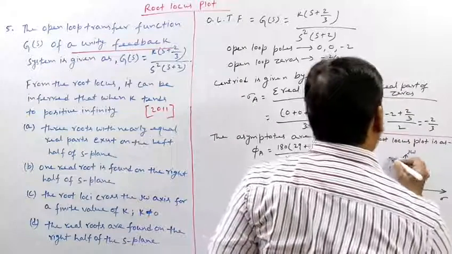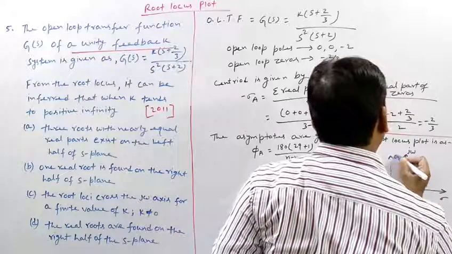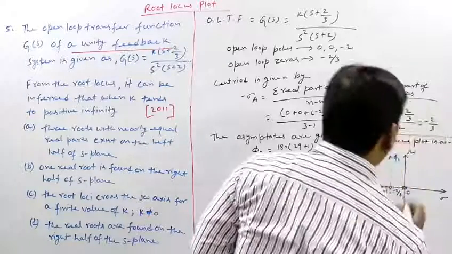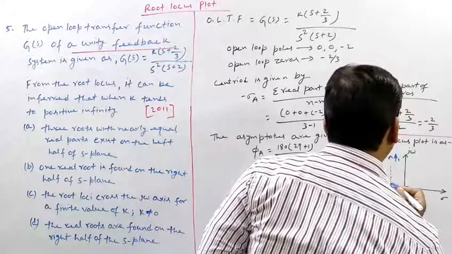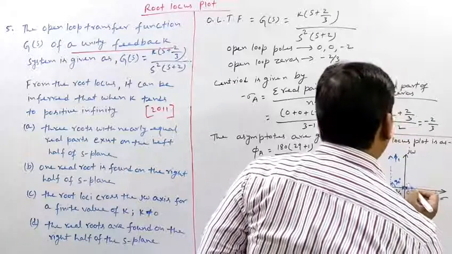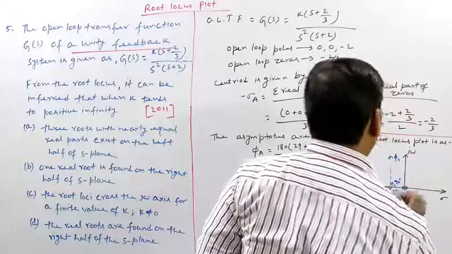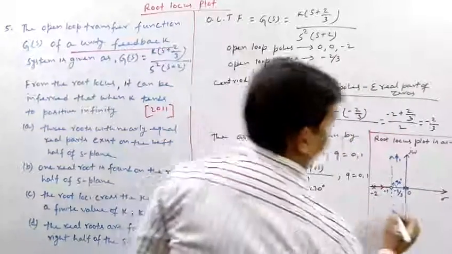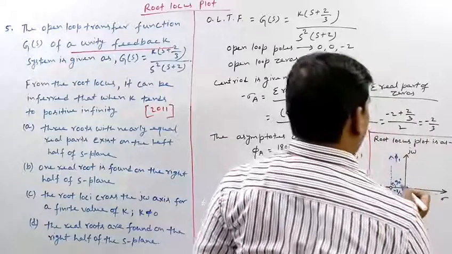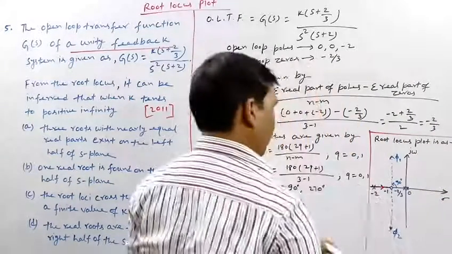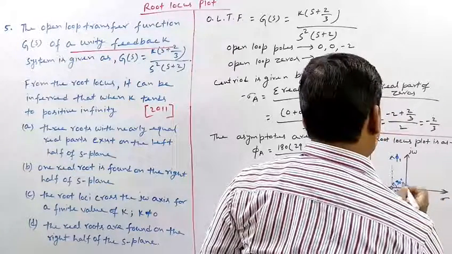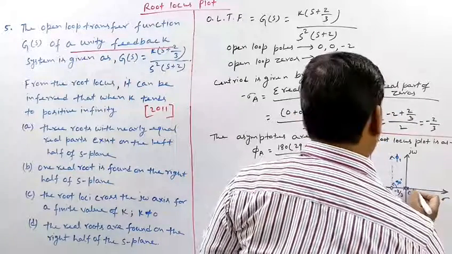This will be asymptote 1, phi 1, at 90 degrees, and this will be asymptote 2, phi 2, at 270 degrees.